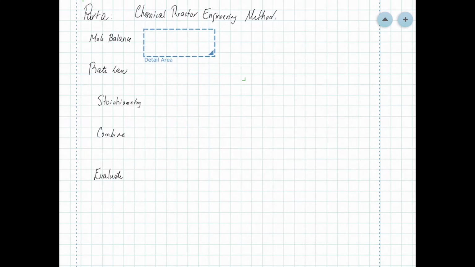We know that this is a CSTR, therefore the volume for that CSTR equals, from the mole balance, this. Remember that for a CSTR, the rate of reaction inside the reactor equals the rate of reaction at the exit condition.